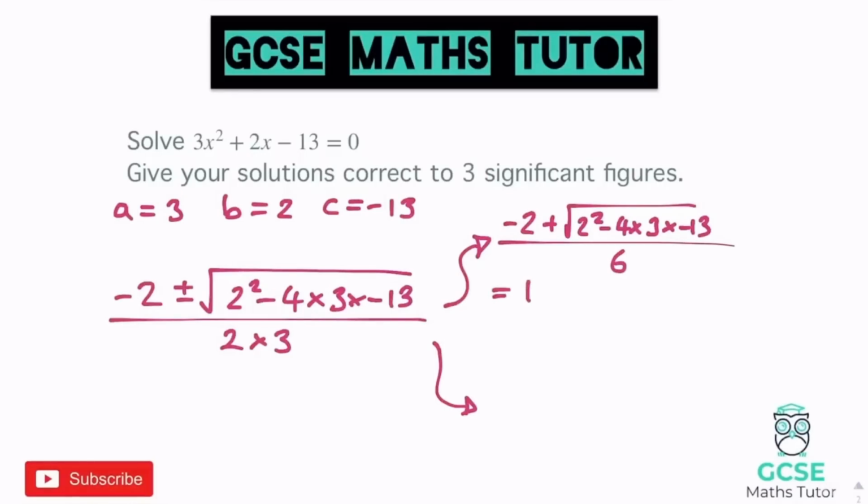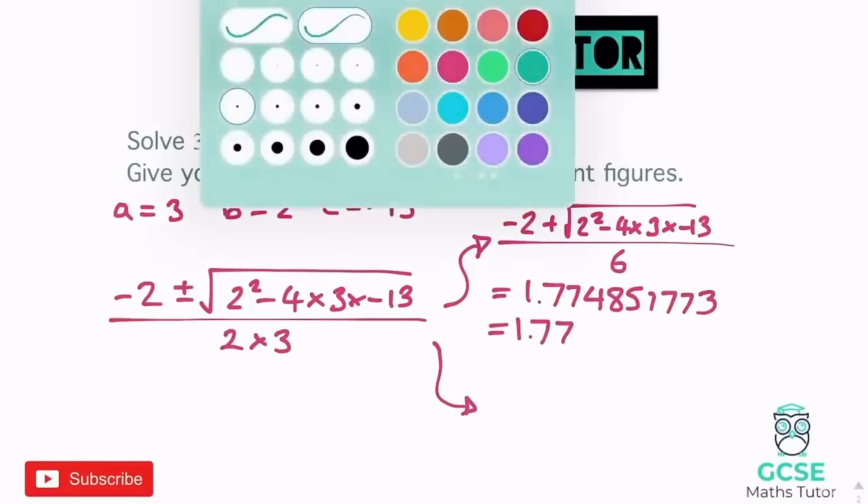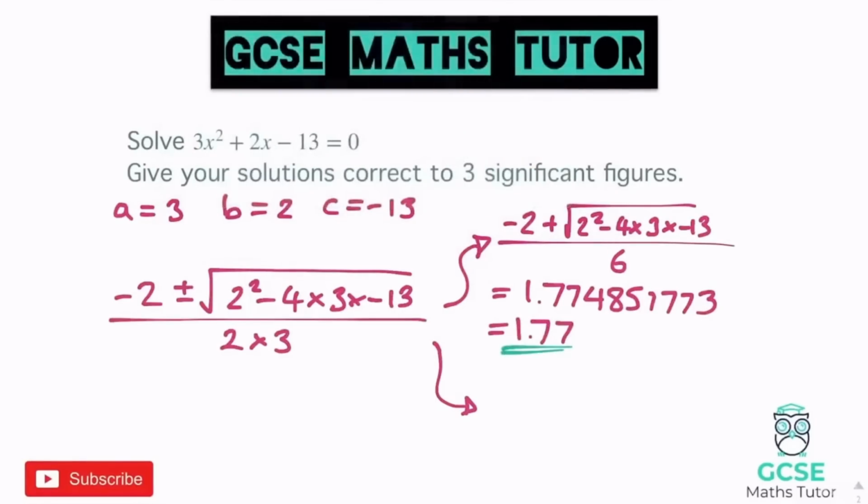So we've got 1.774851773, and let's round that straight away. We get 1.77 as our first solution there. So there we go. There's our first solution.